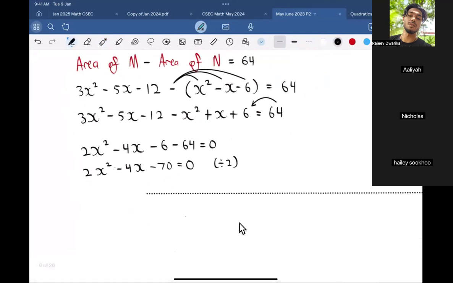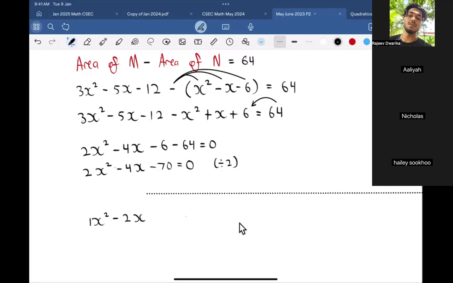Healy, what is 2x squared divided by 2? Don't overthink it. What's 2 divided by 2? 2 divided by 2 is 1. Right, so 2x squared divided by 2 is 1x squared. Same concept here, with -4x divided by 2. -2x.